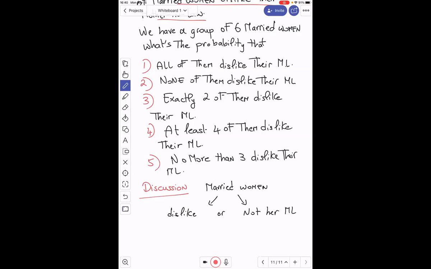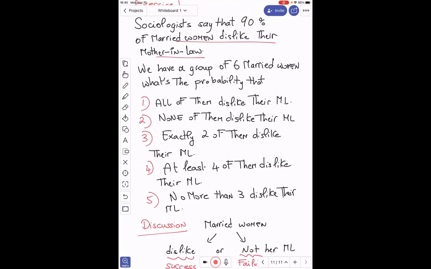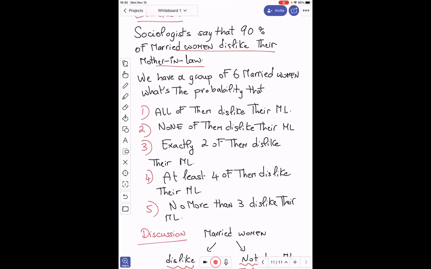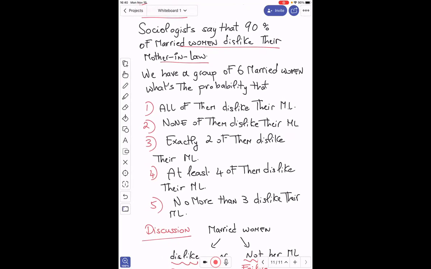So as Asanta said, a success will be that a married woman dislikes her mother-in-law, and a failure, right? That's when the married woman actually doesn't dislike her mother-in-law. Now the question is, when you pick at random a married woman, what's the probability of success? What's the probability that she dislikes her mother-in-law? When you pick at random a married woman?